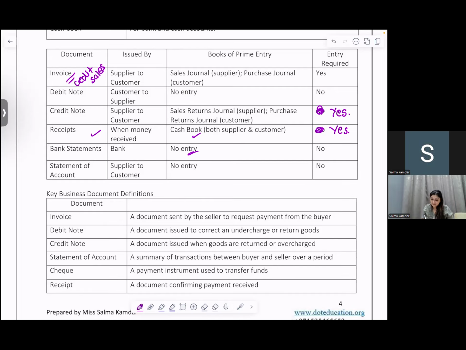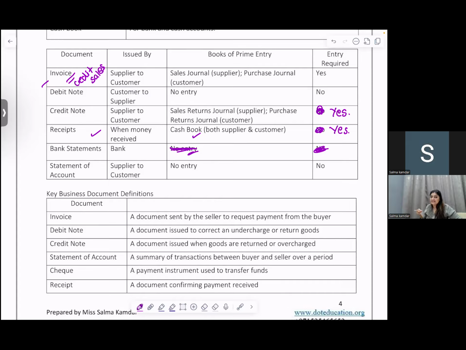I do pass an entry in the books of prime entry, and I pass an entry depending on from where I received the money into the bank, where I have paid. At the end of every month, I am the supplier. I send a statement of accounts to my customer stating that I sold you these many goods on credit.